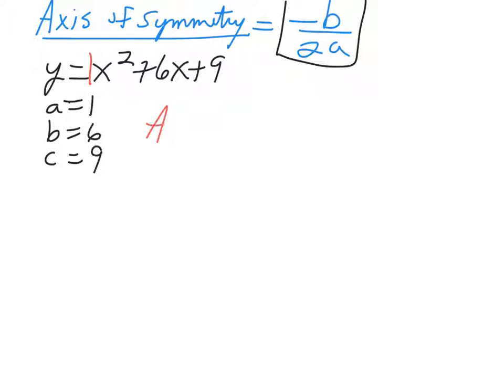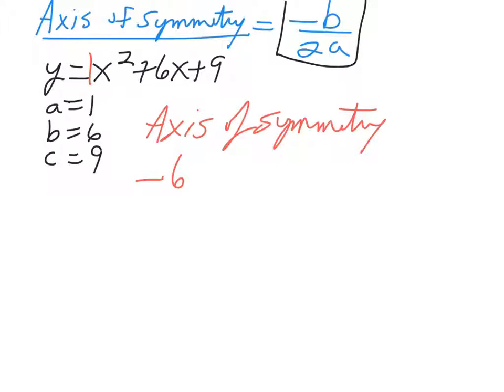So to find my axis of symmetry, I'm going to take my b, and it's 6 because it's plus 6 there. So it's negative 6 because the equation up above there in the blue says negative, whatever your b is, over 2 times your a, which would be negative 6 over 2, which would be negative 3.